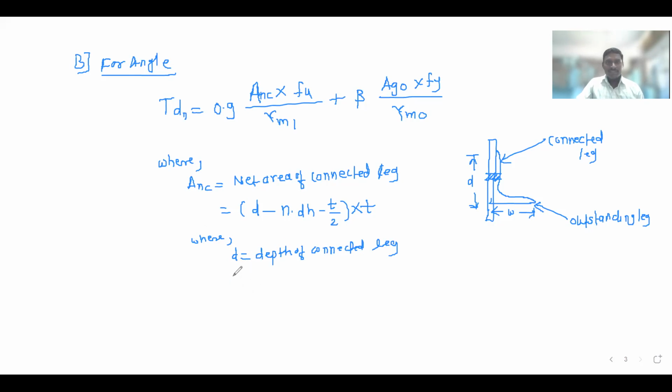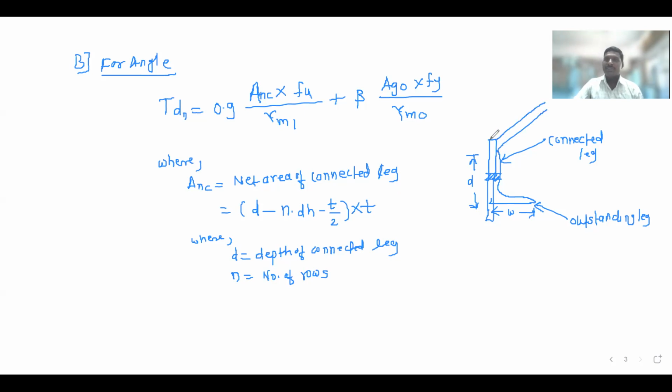The next unknown is n. So what is n? Number of bolts. But here in the angle section, n is the number of rows. It means what?